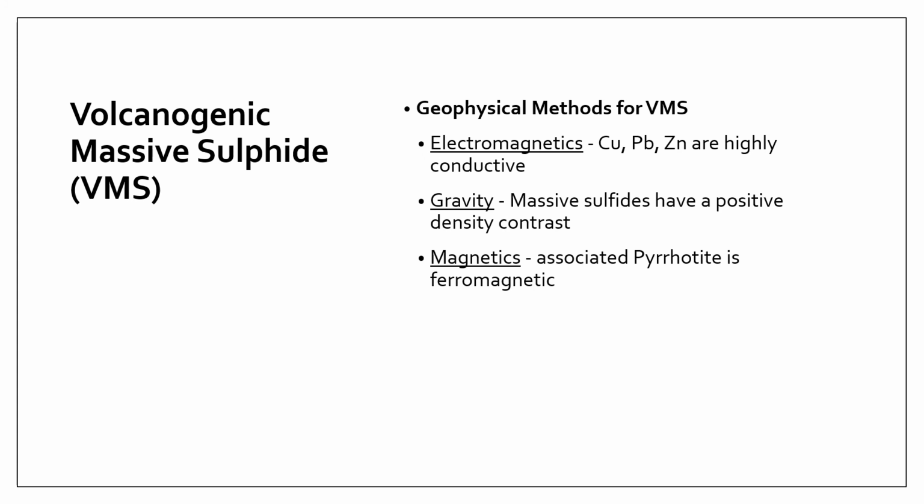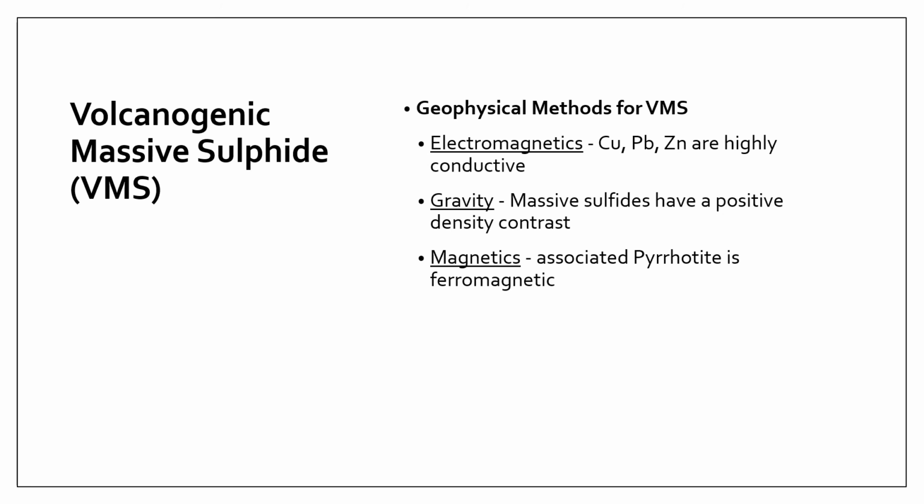there are various methods that can be used for VMS exploration depending on your target. If you're looking for copper, lead, and zinc, okay, you can use electromagnetics because they are highly conductive. Now, for general exploration, massive sulfides, by their nature they involve heavy minerals, so they actually have a relatively high density compared to their surrounding rock, and you can use gravity.